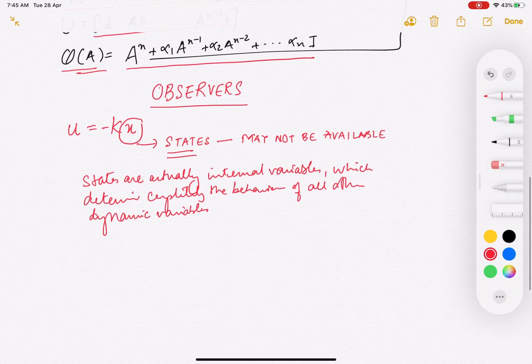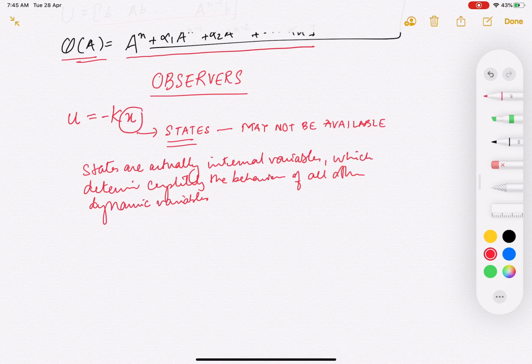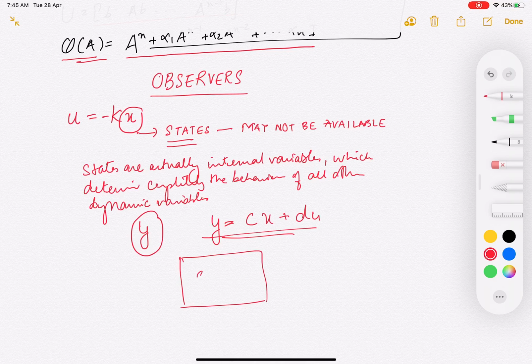So these are actually internal variables, and some of the states, or all of them, may be combined to give you the output y. And that you see in the algebraic equation y is equal to Cx plus Du. So what is available for measurement, if this is your system, you're giving it the input, it is responding with y, and there is this dynamics inside the system.